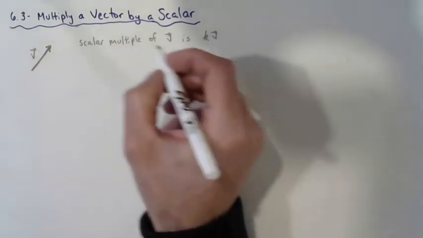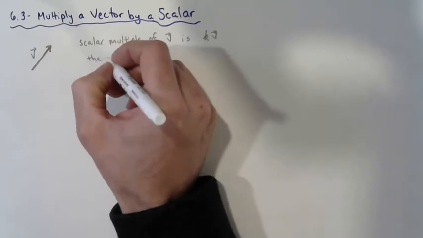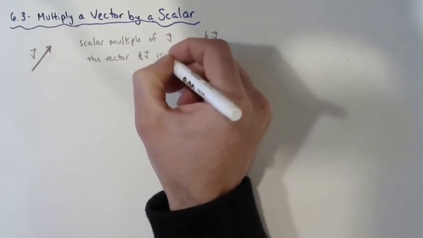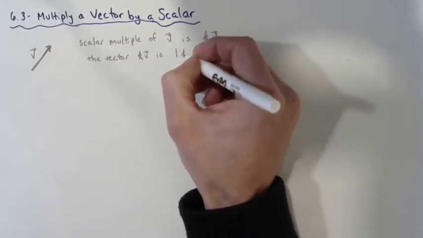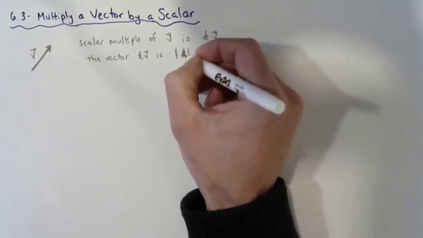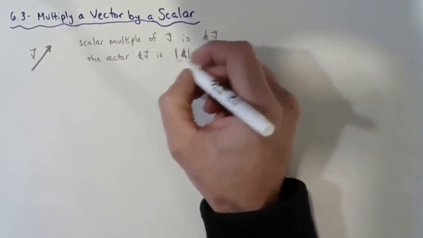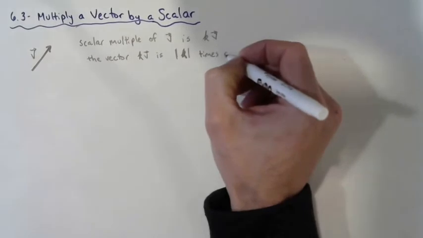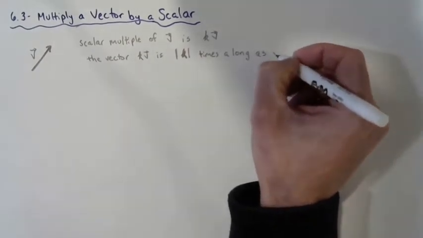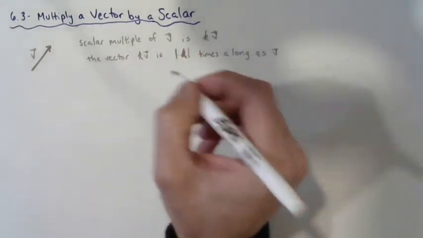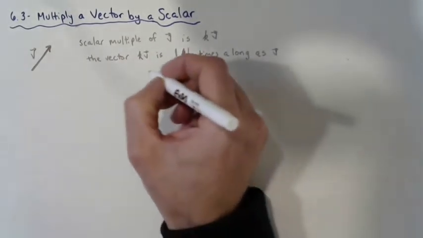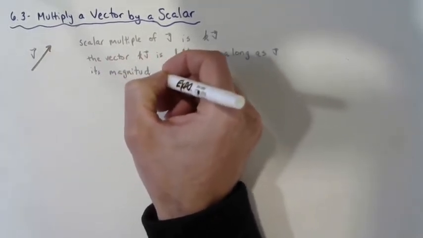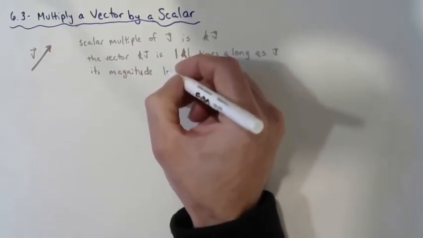Okay? So the vector kv is the absolute value of k times as long as vector v, and its magnitude, so magnitude, we're not worrying about direction, so they're both going to be absolute values.